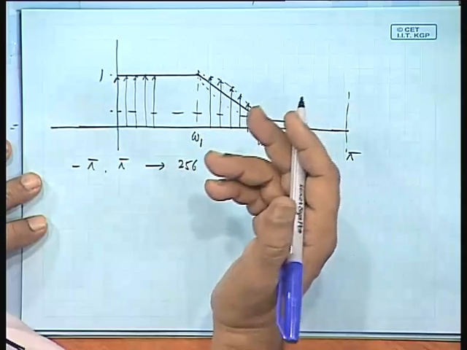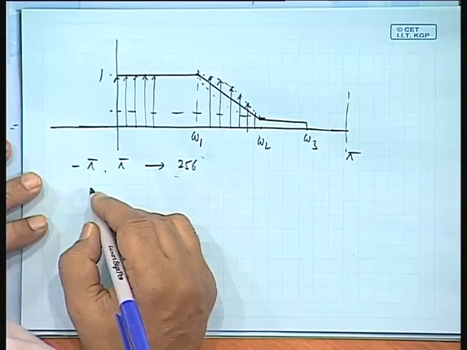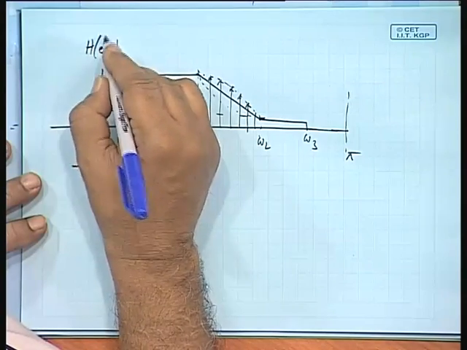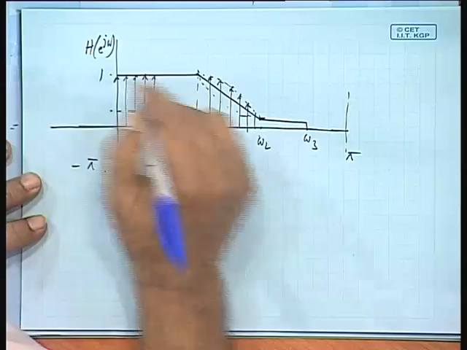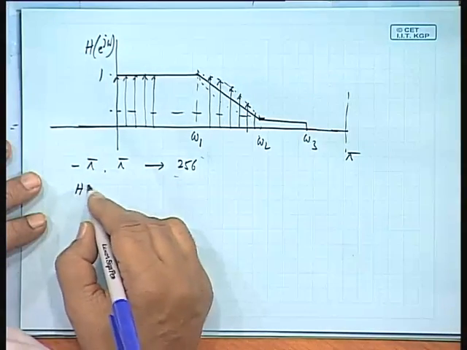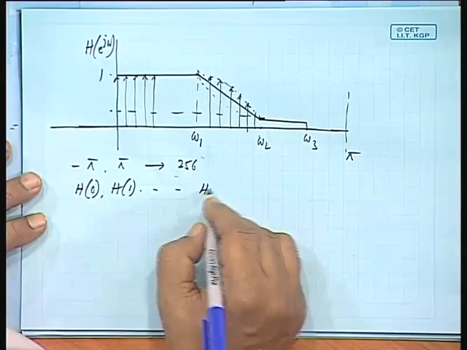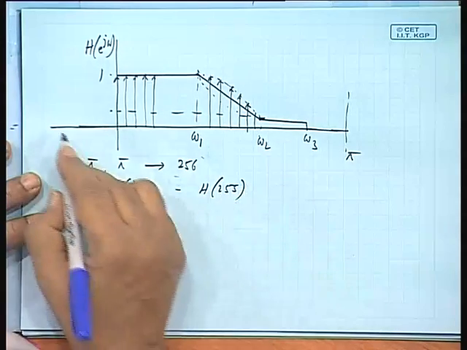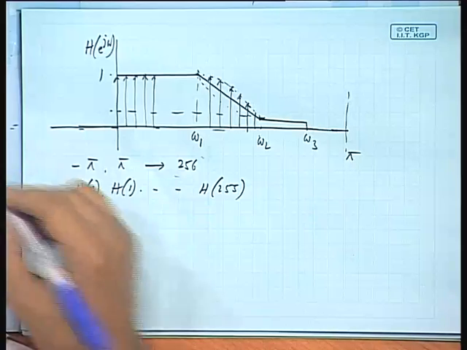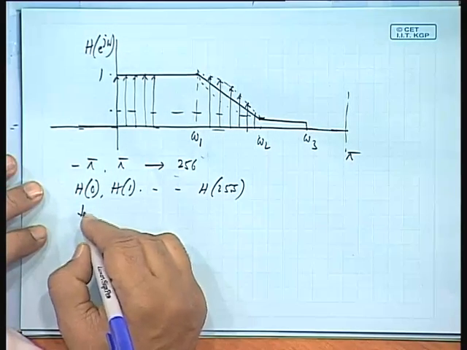I may take more, and then take the IDFT. So 256 points you have got, say I will call it H0, H1, H2 up to H255. H0 starts from minus pi. So, so many points you have got. So, take the IDFT.